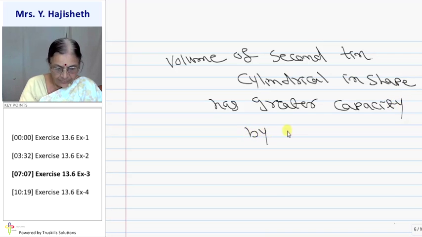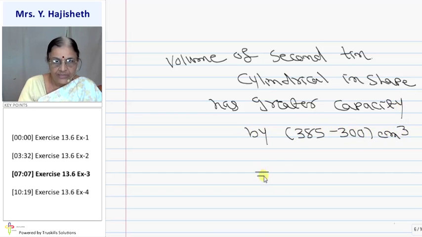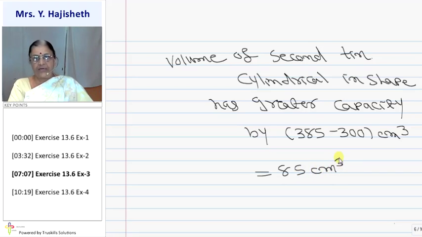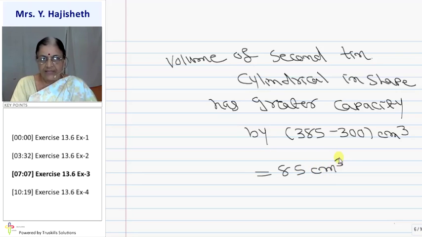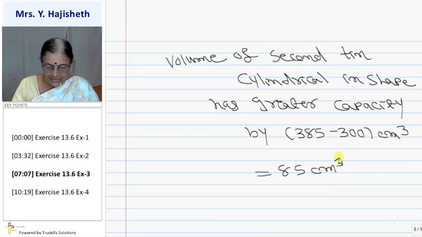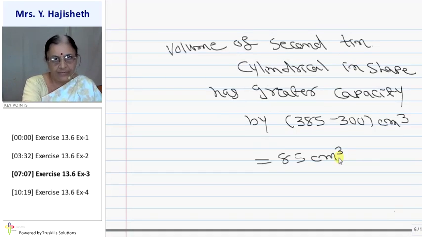By how much? 385 minus 300 centimeter cube. So it is 85 centimeter cube. Volume of second tin of cylindrical in shape has greater capacity by 85 centimeter cube. Clear?